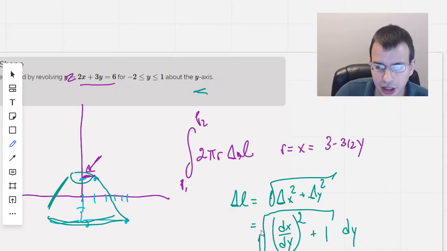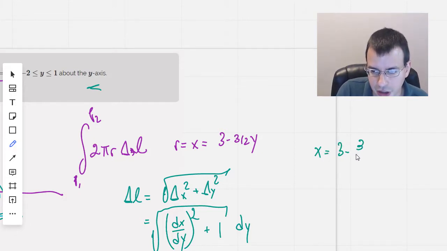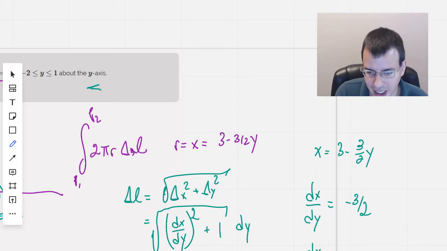So then our challenge is to find the derivative of x with respect to y. We have x equals 3 minus 3 halves y. Dx with respect to y equals negative 3 halves. Dx dy quantity squared will then be 9/4.